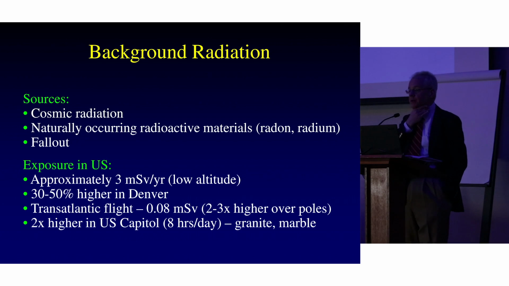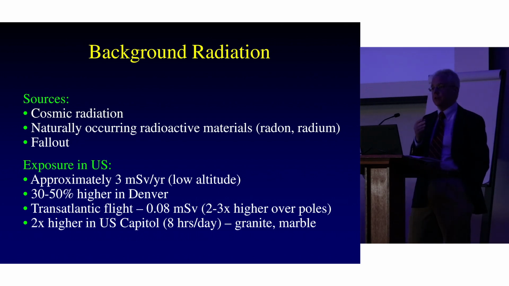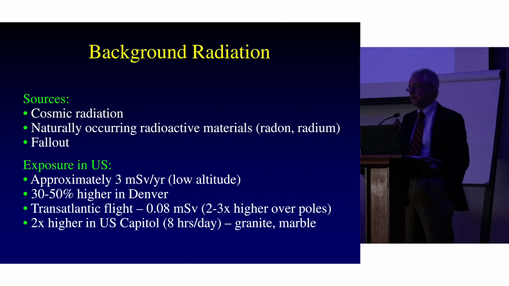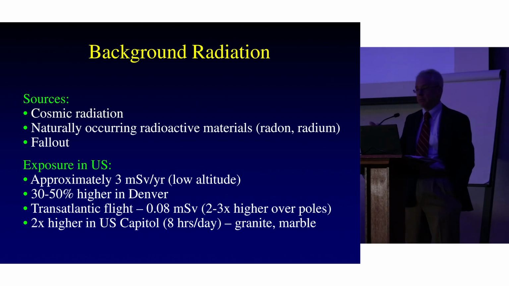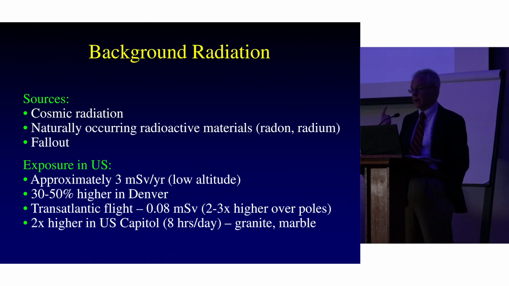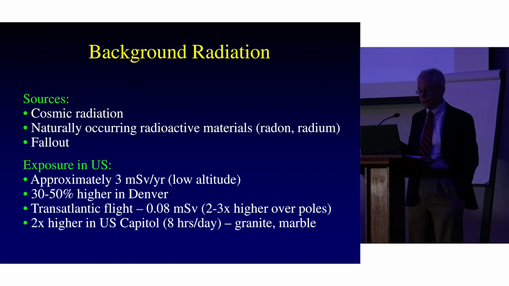So we talked a little bit about radiation exposure, which recognize that our radiation exposure as human beings is not zero, okay? We get radiation from the sun. We get radiation from natural sources around us.